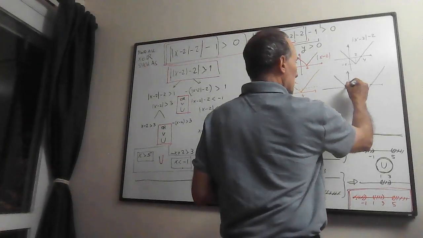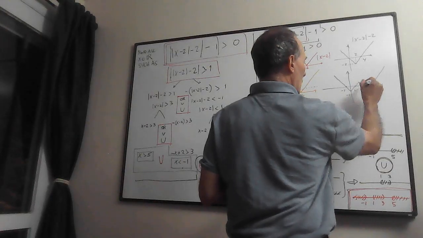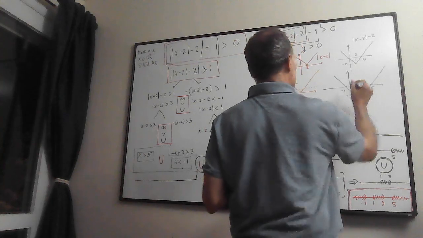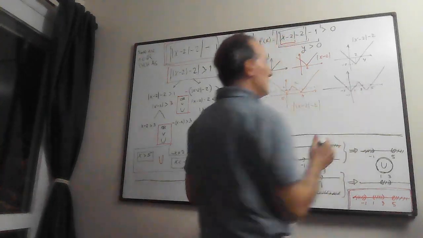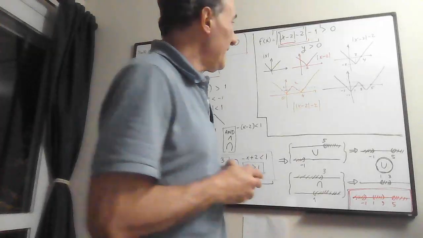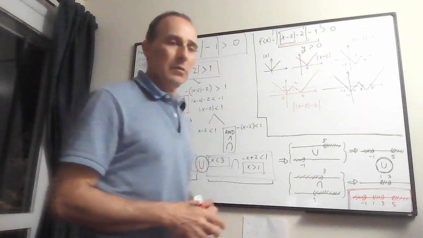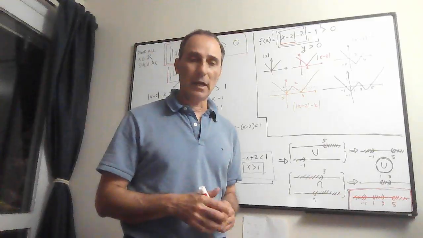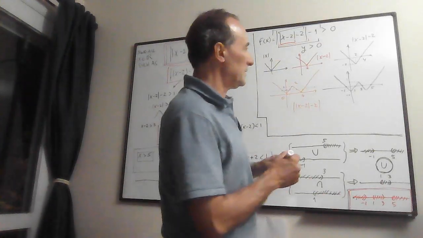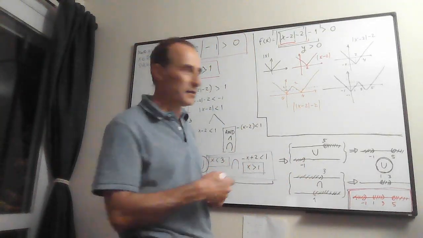So it goes to -1. What we are looking for is the set of all possible real values x for which this function is positive. That means that the graph is above the x-axis. That means that y is positive.